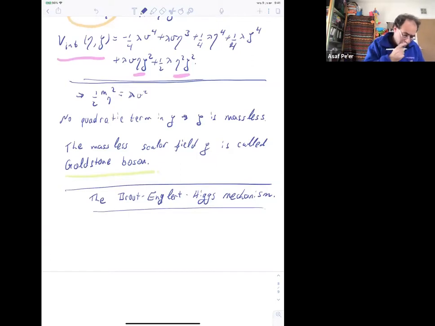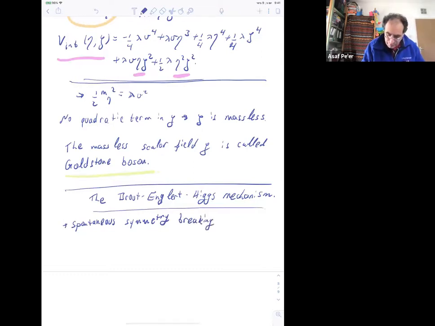So we talk about spontaneous symmetry breaking of a complex scalar field. The potential V of phi is the same potential, mu squared phi squared plus lambda phi to the 4.